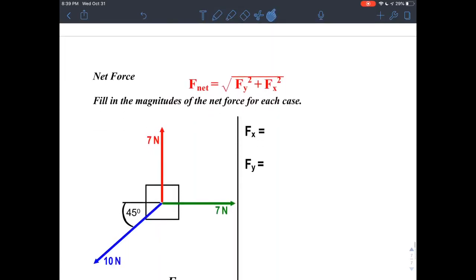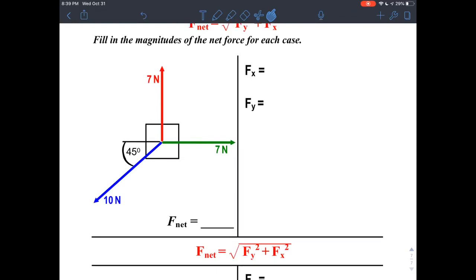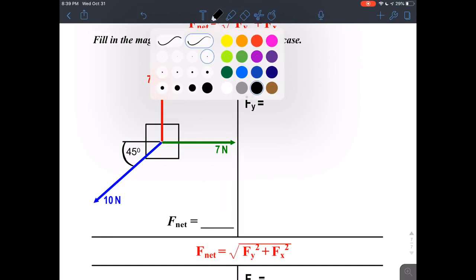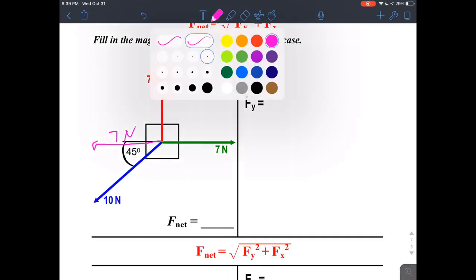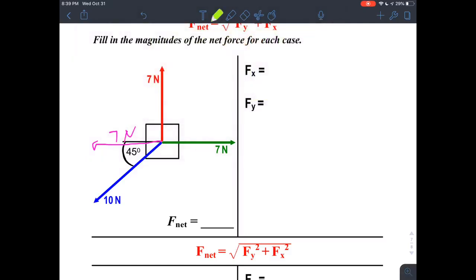All right, so for our next one, we now have 10 newtons down and left, and then we have our 7 newtons up and our 7 newtons to the right. So what we can do with this, if you'll recall from earlier, is break down our 10 newtons down and left and figure out that we have, in fact, 7 newtons to the left, and we also have approximately 7 newtons down, right?